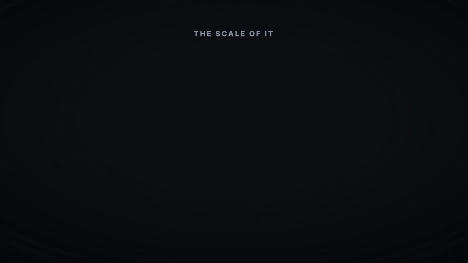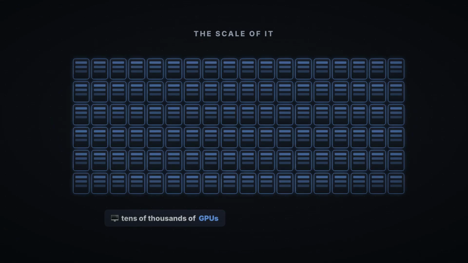Now, the scale here matters a lot. This isn't something that happens on your laptop. Training a frontier LLM requires tens of thousands of specialized chips, GPUs, running in parallel 24 hours a day for months.